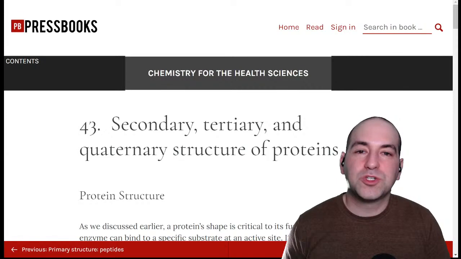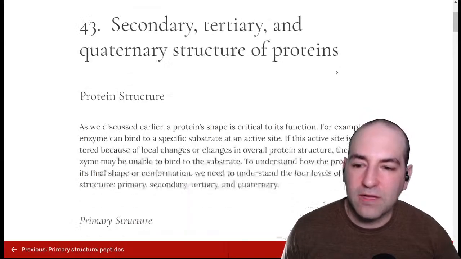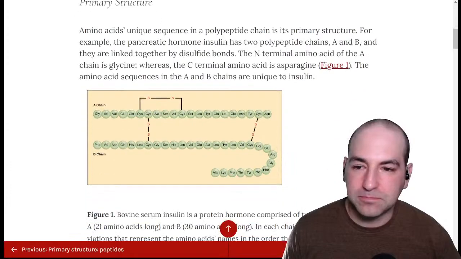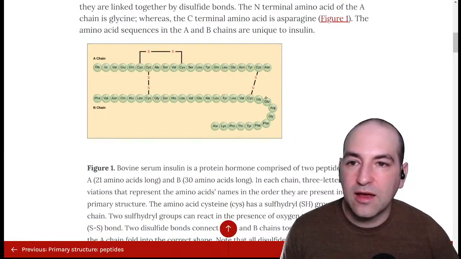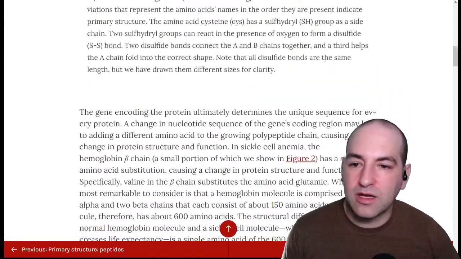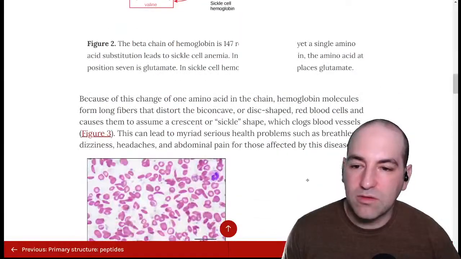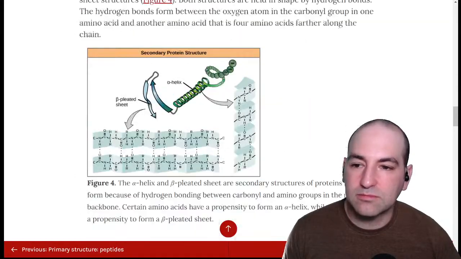Maybe that helps. Well, while we're waiting on that, the secondary structure: there are two major parts of the secondary structure, alpha helix and beta sheet. As these things start connecting together, you get this.